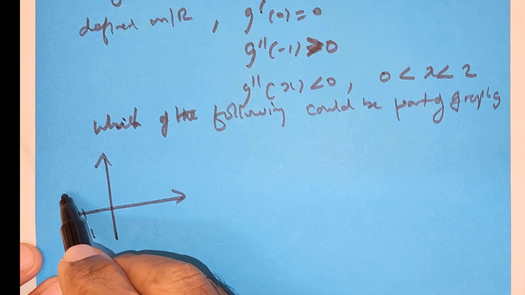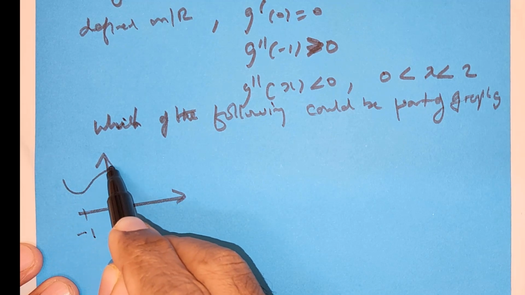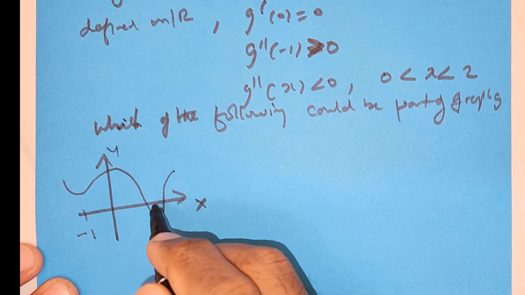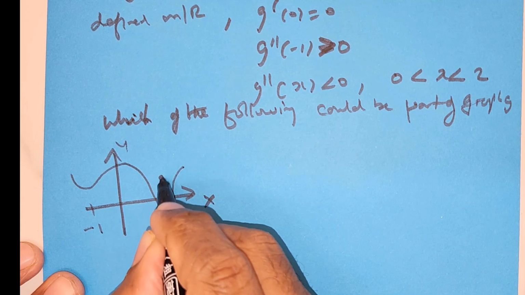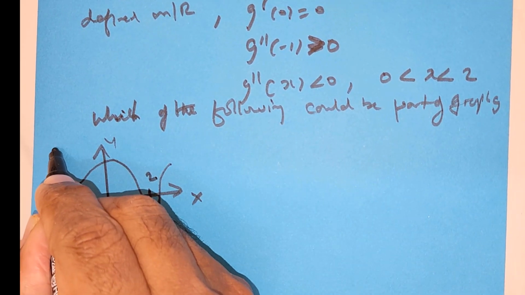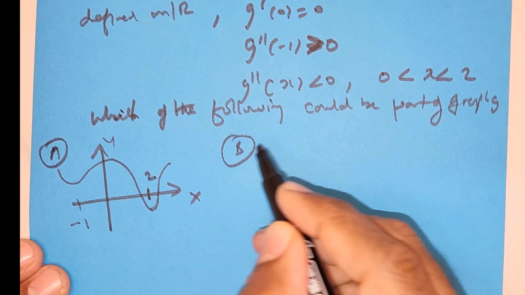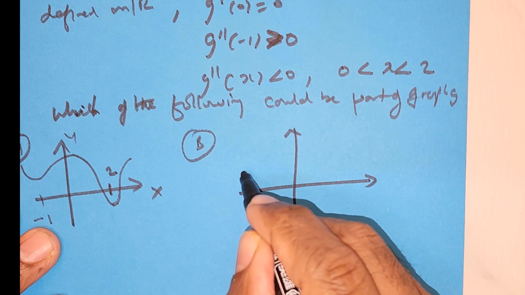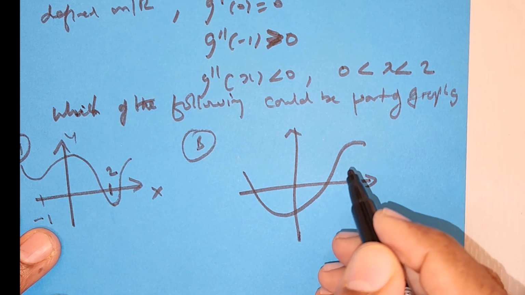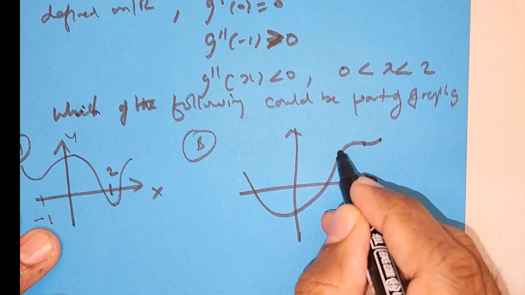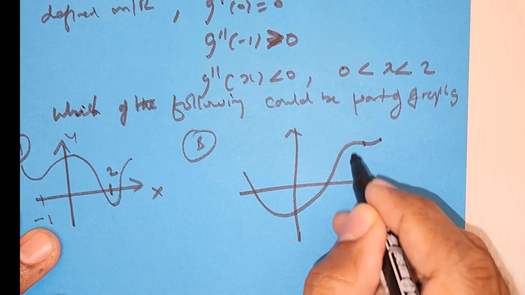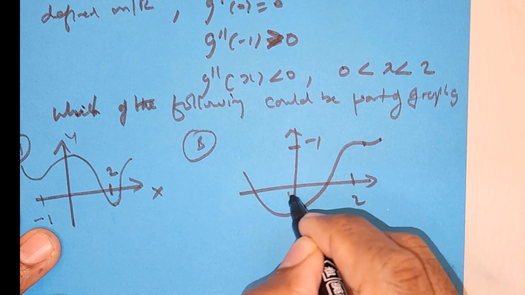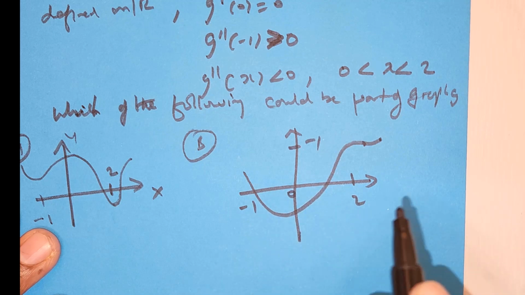So this is -1. This is x, this is y, and at the point 2, this is how the graph looks. So this is A, B is, and then it goes like this, and this is point 2, this is 0, and this is -1.